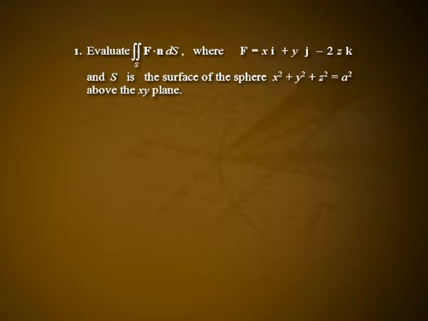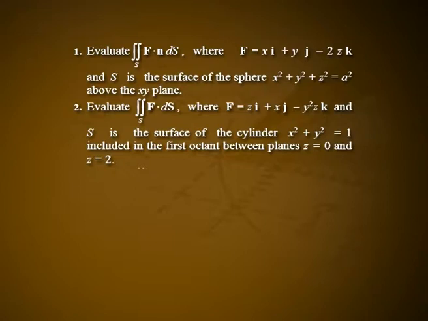Evaluate double integral over S of f dot n dS, where f = xi + yj - 2zk, and S is the surface of the sphere x² + y² + z² = a² above the xy plane. Evaluate double integral over S of f dot n dS, where f = zi + xj - y²zk, and S is the surface of the cylinder x² + y² = 1 included in the first octant between planes z = 0 and z = 2.